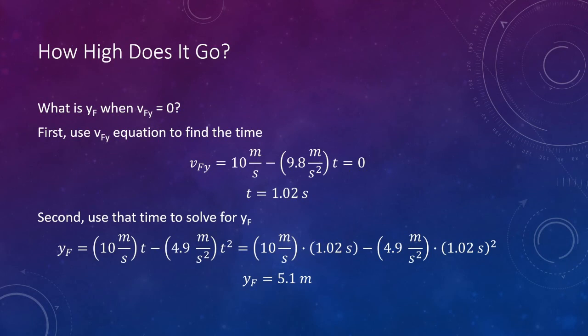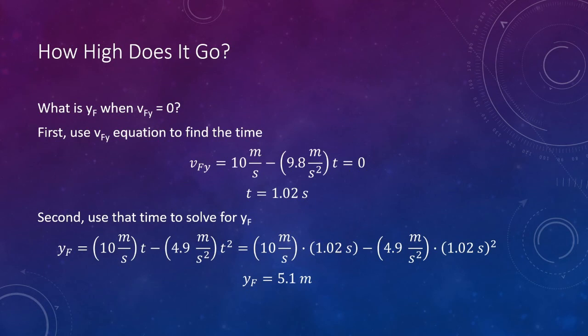So we're eventually going to figure out what the y position is when the velocity in the y direction is 0. So what we'll do first is use the velocity in the y equation to find the time, and then use that time to get the y position. So we set our y velocity equation that we identified previously equal to 0.